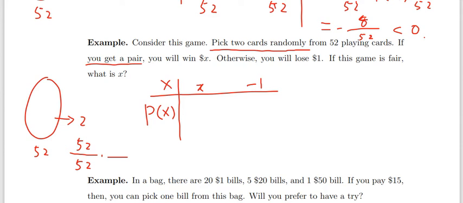To make sure you get a pair, you just need the second one and the first one to be the same, right? Same points. So for the second one, in total we have 51 cards. In order to make sure the second one and the first one are the same, how many cards can we pick?